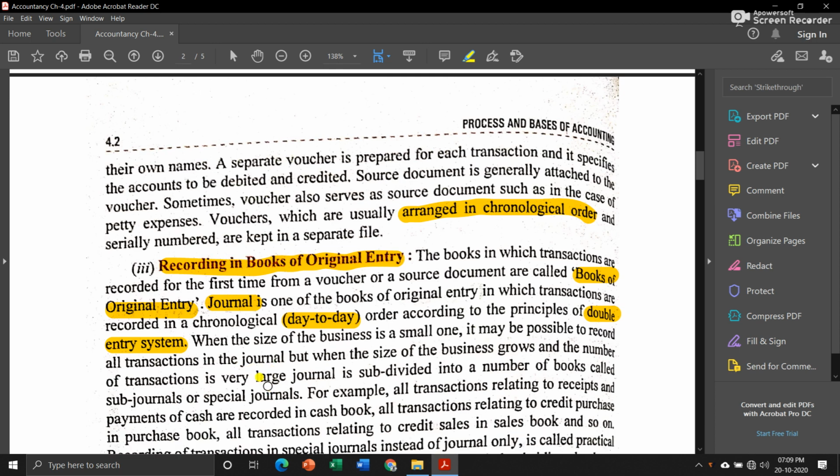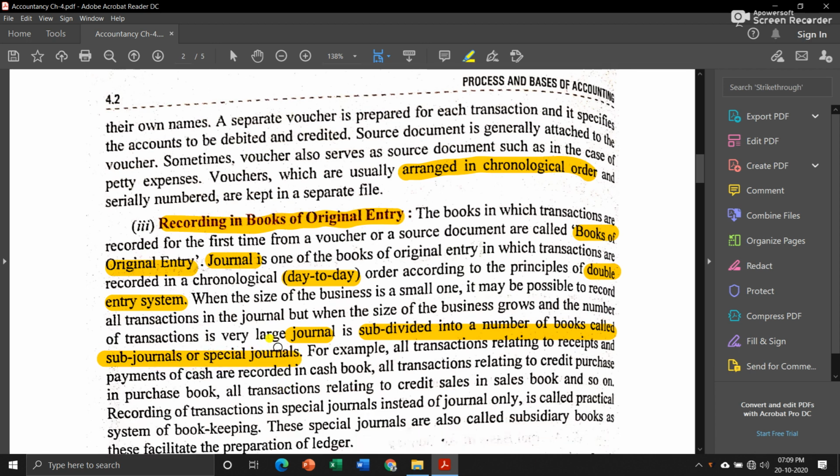So in that case, instead of preparing one journal, the firm divides the transactions into different books. Small businesses can record in one book, that is the journal, but big firms with huge transactions divide the journal into different books. They are known as sub journals or special journals.